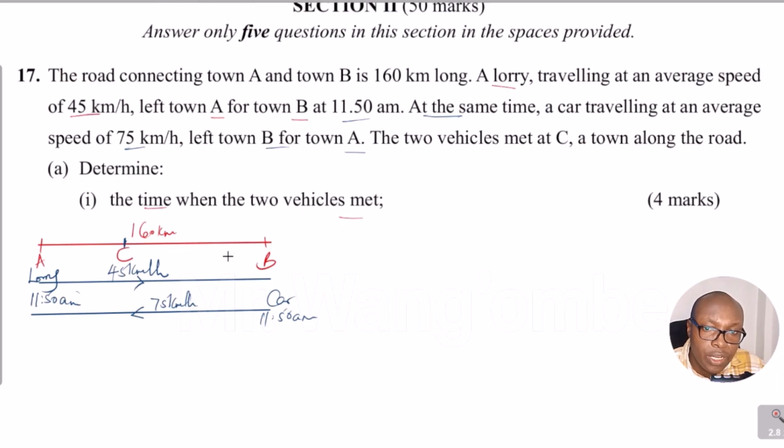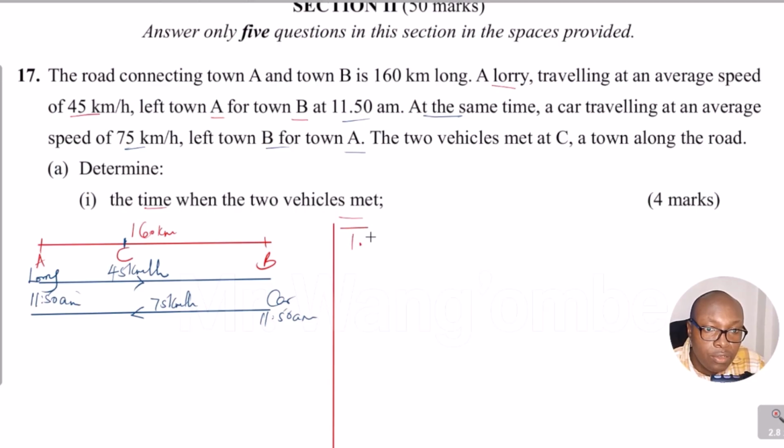Now, before you solve that question, you need to get the time taken for them to meet. How long did the lorry and the car take before meeting? That is what you're supposed to calculate. So time to meet is the first thing that you're supposed to calculate, and then that will help us to get the time when the two vehicles met.